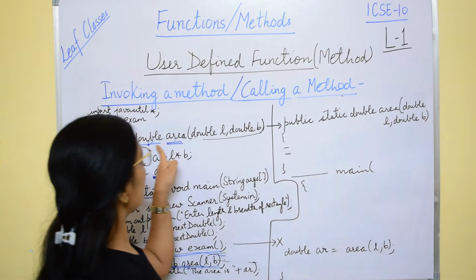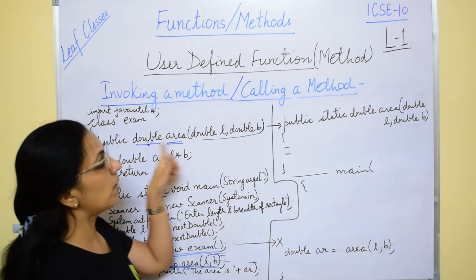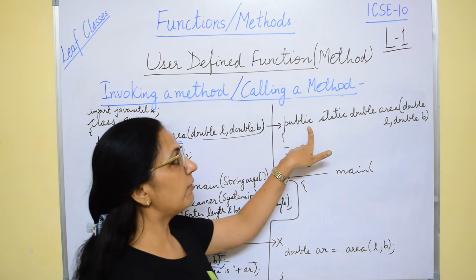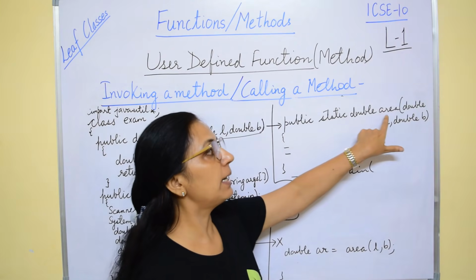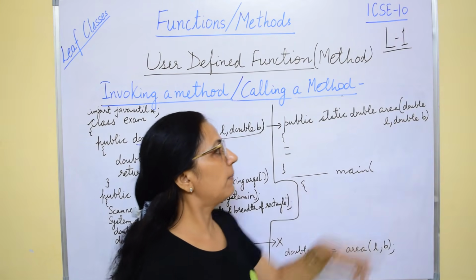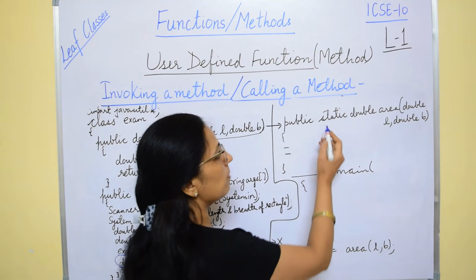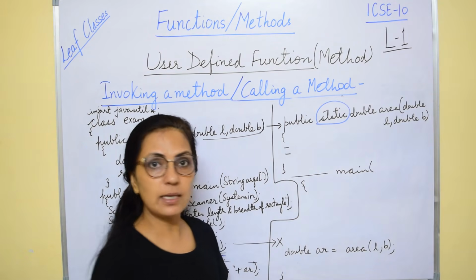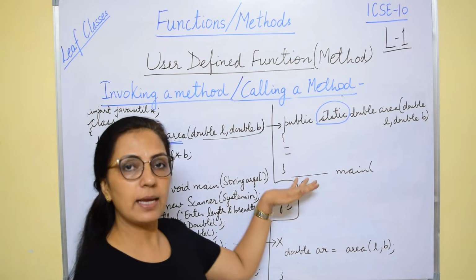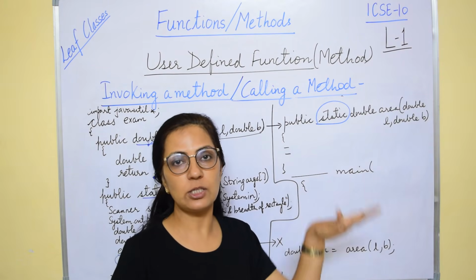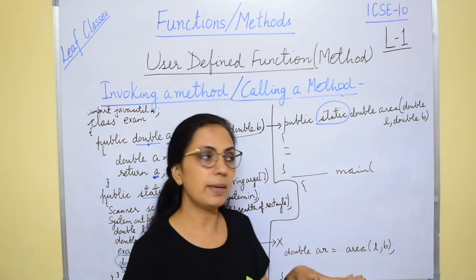Now if I change the function prototype from this to this, here I have written public static double area double L comma B, rest everything is same, only I have included this static word here. The definition, the method block will remain same.